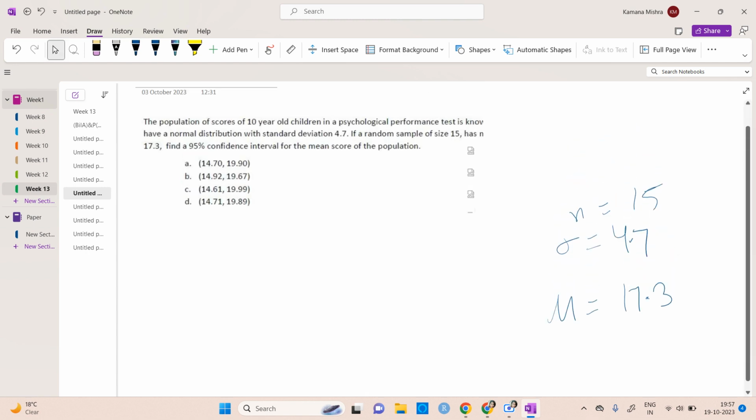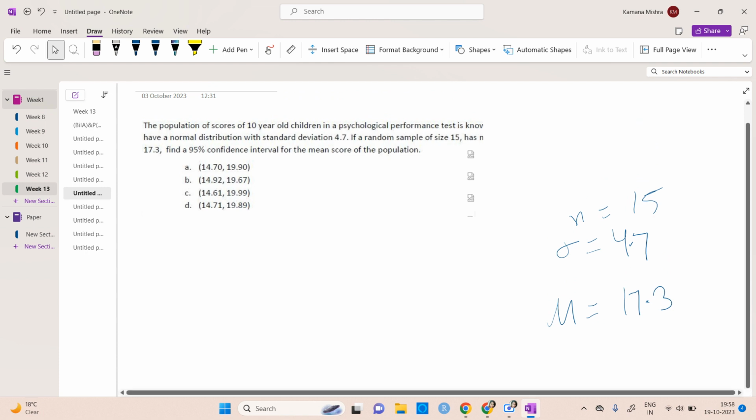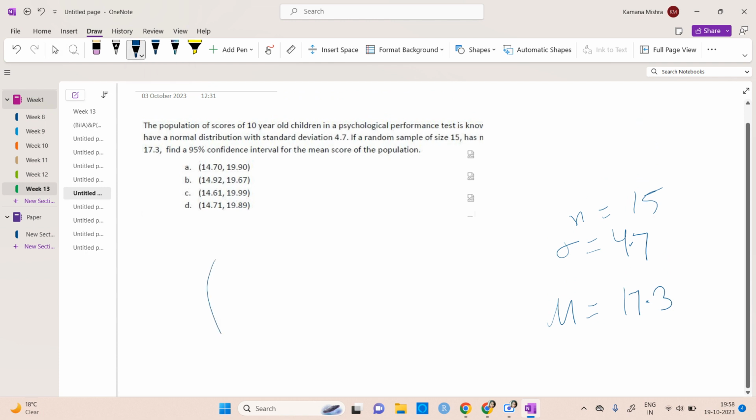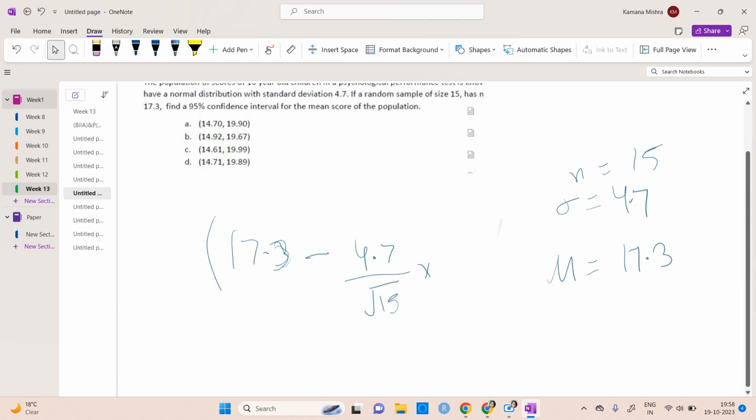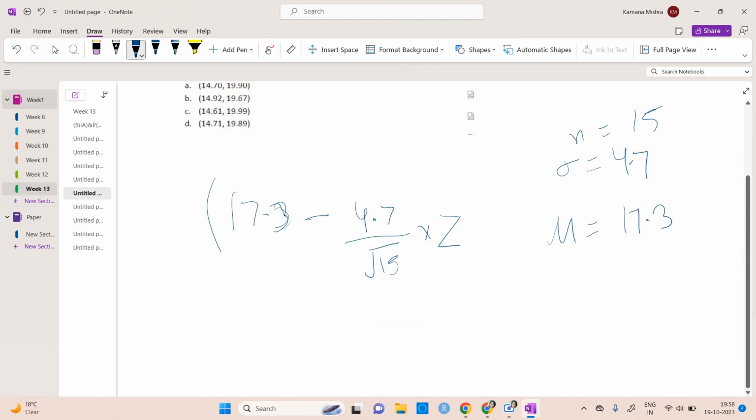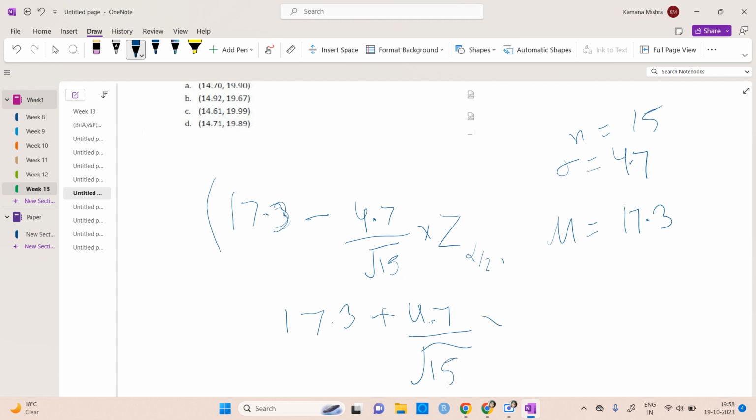So 95% confidence interval, how would you find it? You can find it by using the statistic, and then it would be 17.3 minus sigma upon root n, so 4.7 divided by root 15 times z alpha by 2, and then 17.3 plus 4.7 divided by root 15 into z alpha by 2.